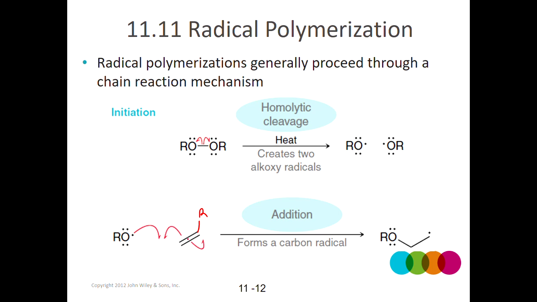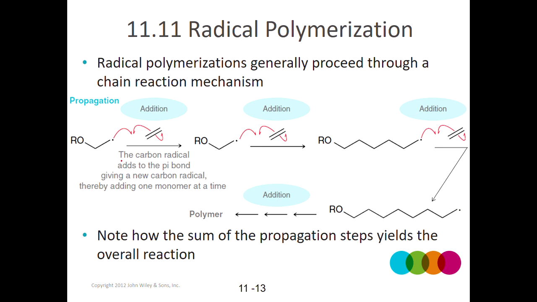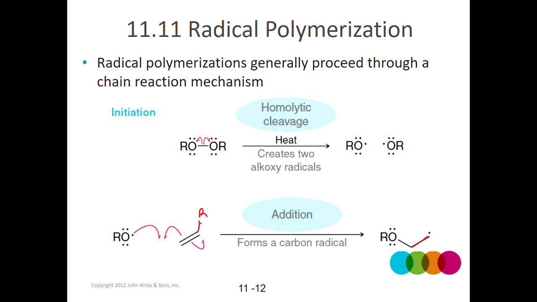And every time a monomer is connected, the radical ends up moving to the end of the chain. And then from there, it can react with another monomer, and another radical moves to the end of the chain. And that continues over and over again until the chain starts to grow longer and longer. So what if we did have an R group here?